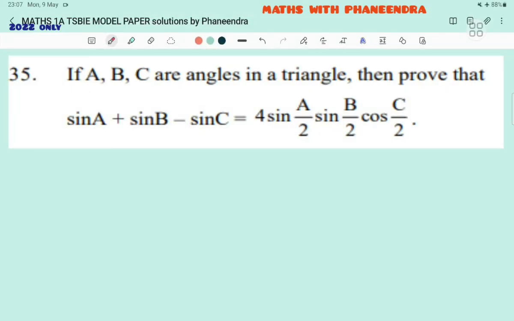Yeah, the next question, number 35. If A, B, C are angles in a triangle, then prove that. So, in the first step, what do we have to write, dear students?